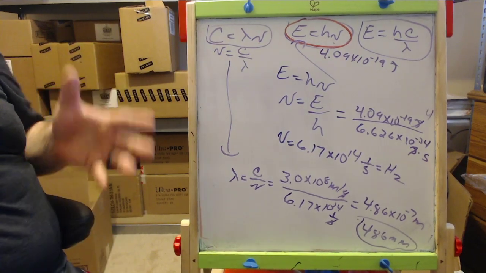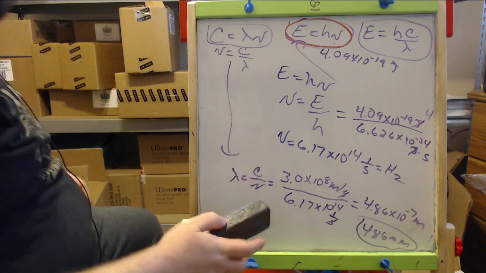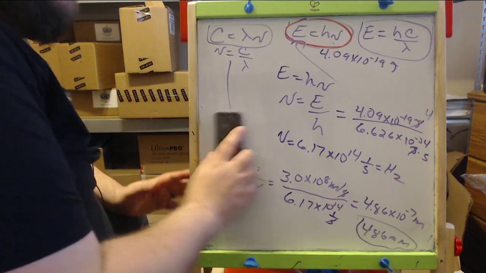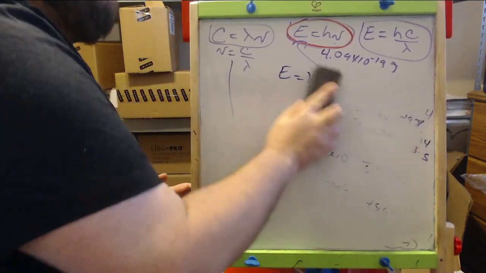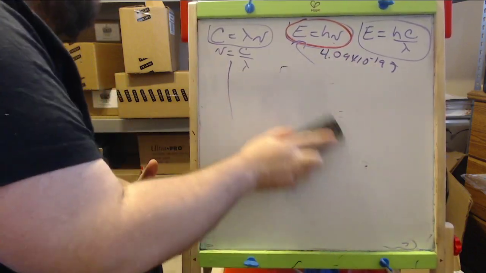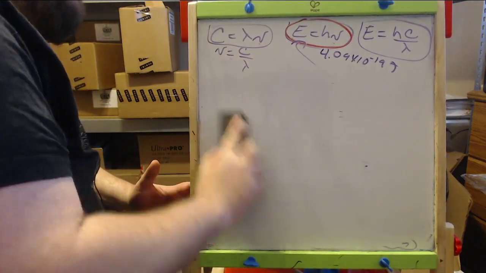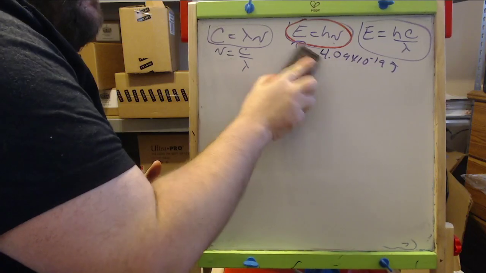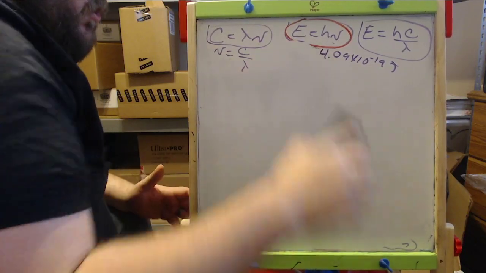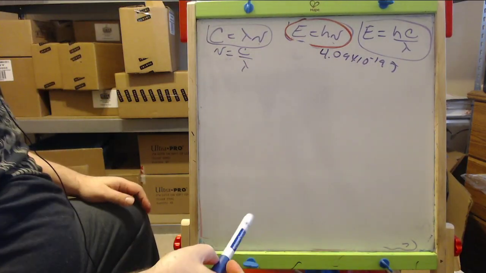So, given our new equation, in 3 steps, you can go from figuring out the energy to figuring out the frequency, all in a transition. And I'll give you homework that deals with this.